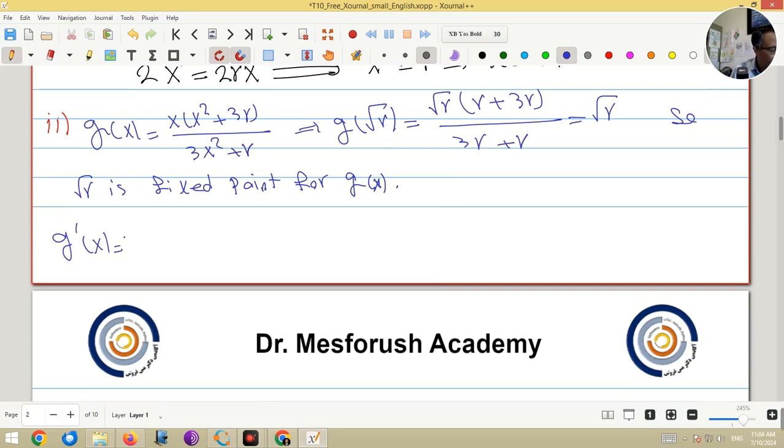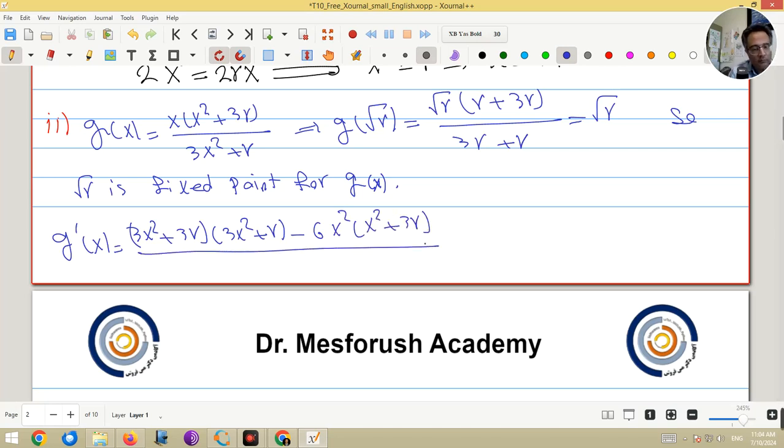Okay, now you compute g prime of x. If we compute g prime of x, it will be (3x squared plus 3r) times (3x squared plus r) minus 6x squared times (x squared plus 3r), over (3x squared plus r) squared.